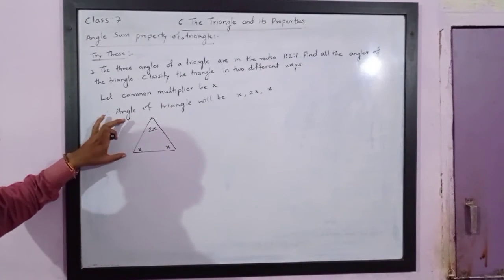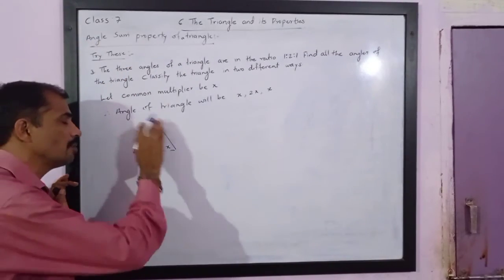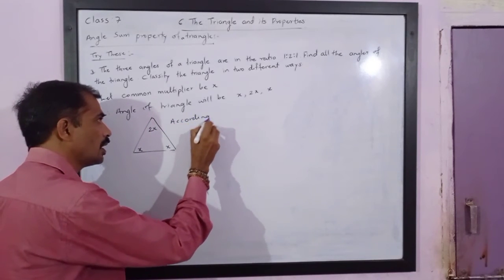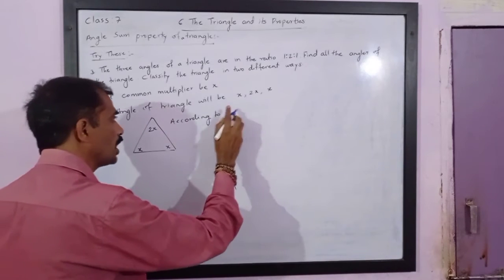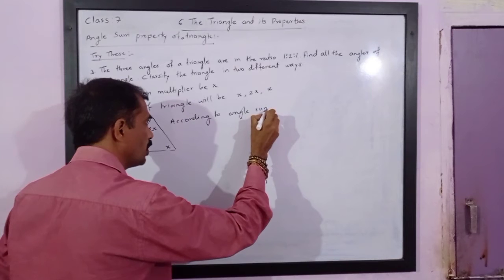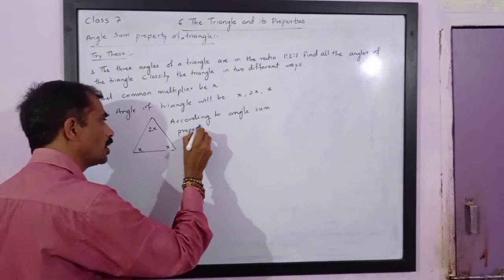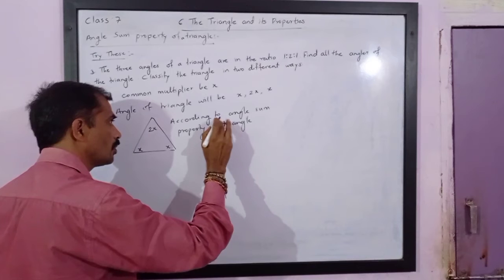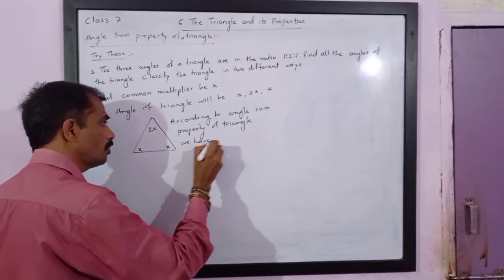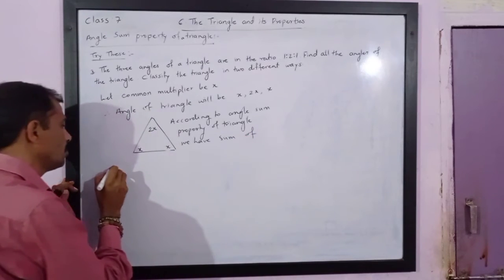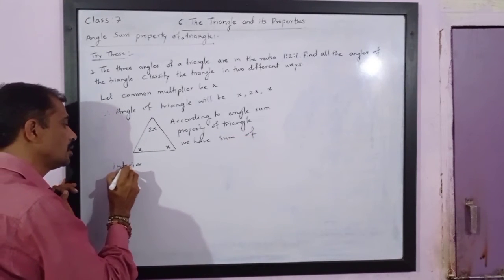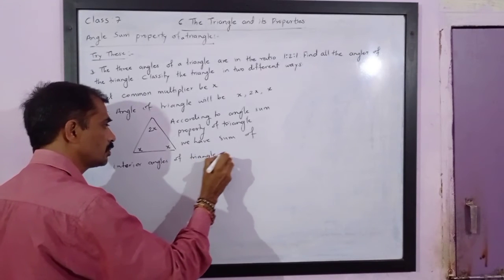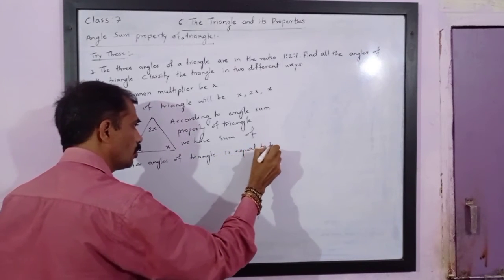Now we know that according to the angle sum property of a triangle, the sum of interior angles of a triangle is equal to 180 degrees.